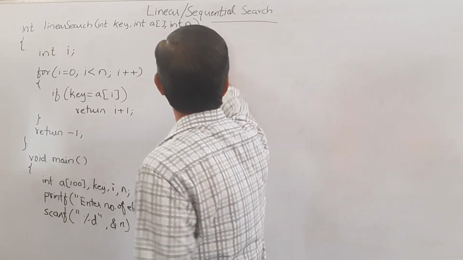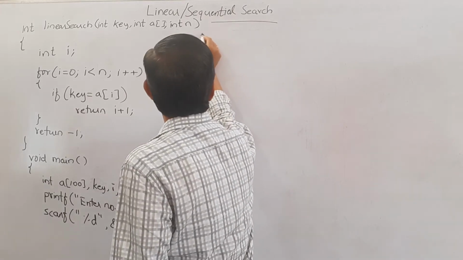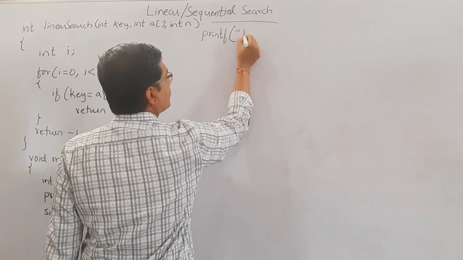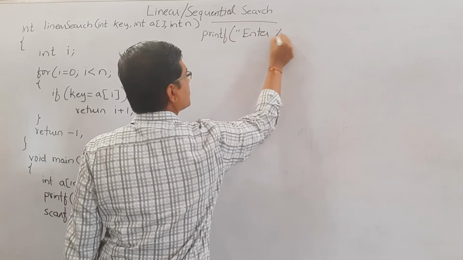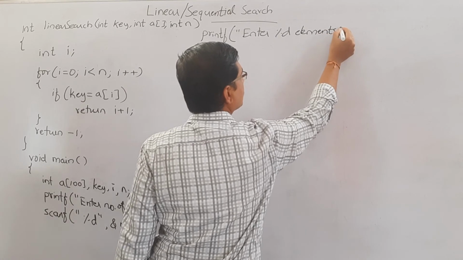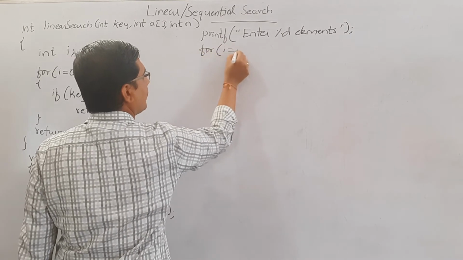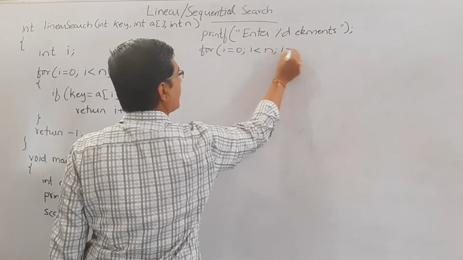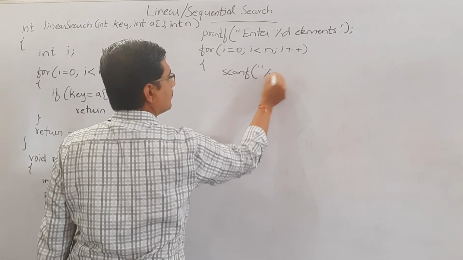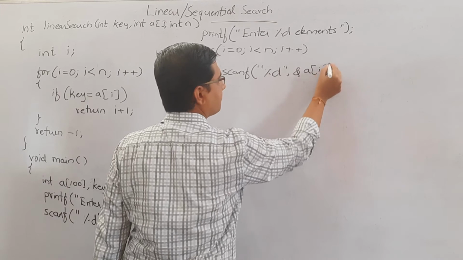After reading this, we need to read the array elements from the keyboard, so we can ask the user. So printf enter percentage d elements, then for i equal to 0, i less than n, i plus plus, and read a of i.